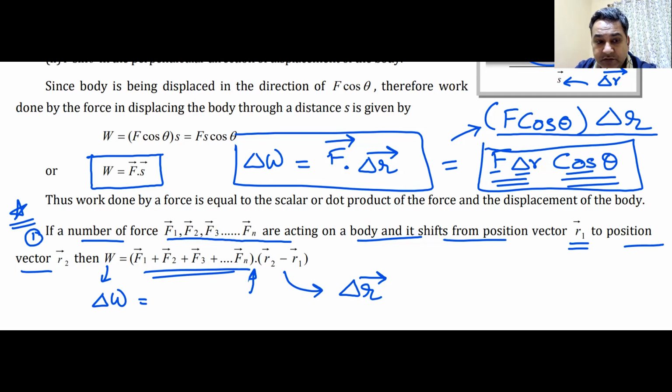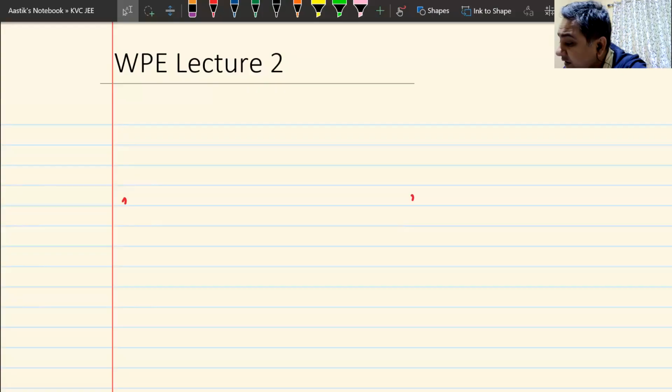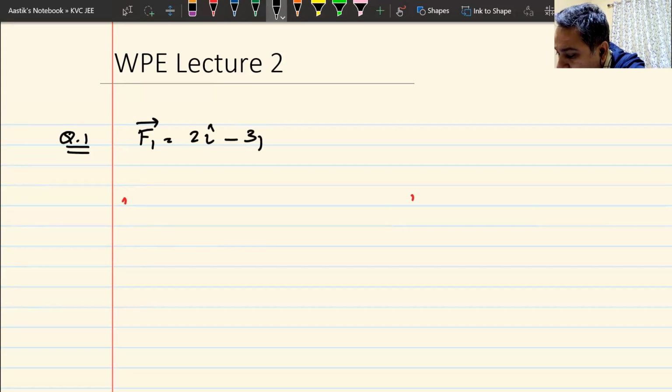Let us now move to a question that we can solve on this concept. Question number one. One force F1 is equal to 2i minus 3j plus 4k. I'm just giving two forces, I don't want to complicate things.